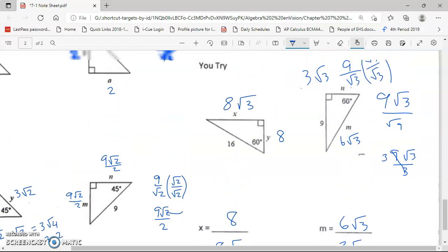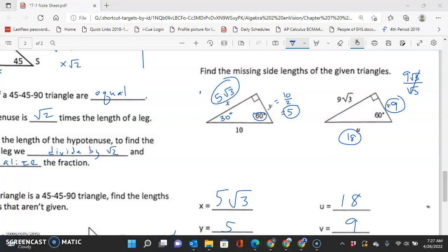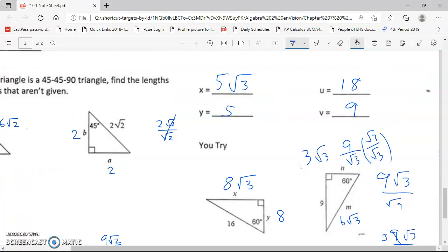All right, so today we're focusing on triangles that have special relationships. We have 2 special relationships that we have to know about. One type of triangle is this 45, 45, 90 triangle. In that case, the hypotenuse is square root of 2 times the side length, and the other 2 sides are the same.